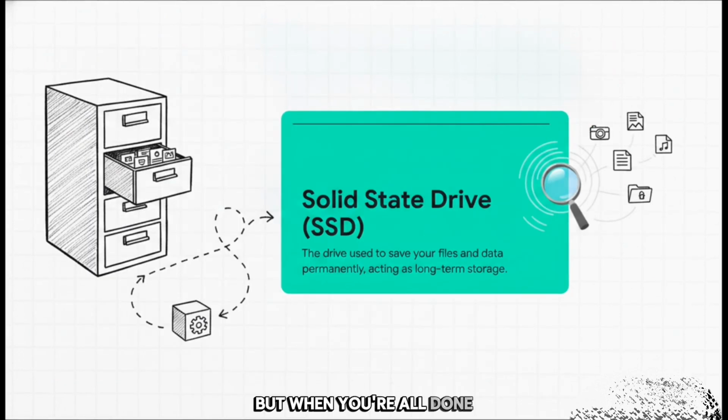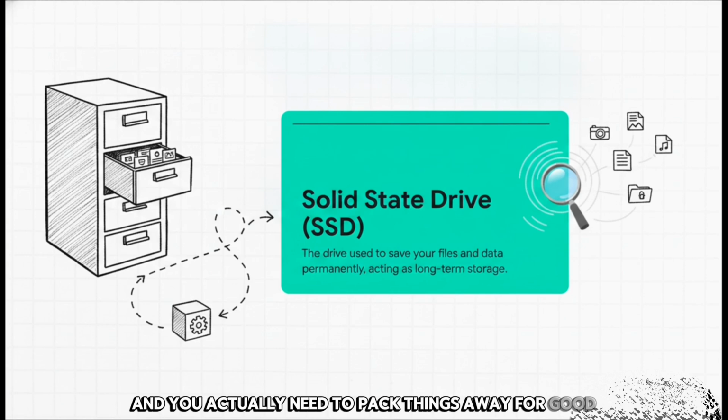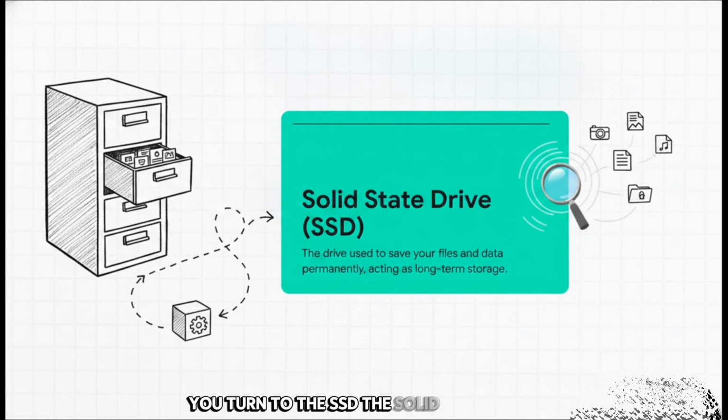But when you're all done and you actually need to pack things away for good, you turn to the SSD, the solid state drive. Unlike RAM, which, by the way, completely forgets everything the second the power drops, the SSD is your permanent filing cabinet. It's where the permanent story lives. Your files, your photos, the entire operating system, they all live here long term, until the CPU decides it needs to retrieve them again.